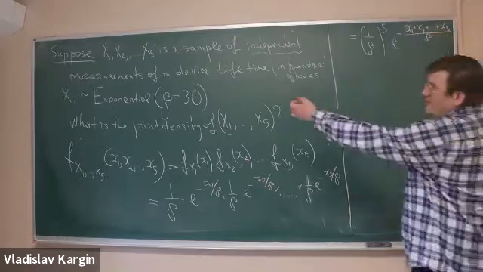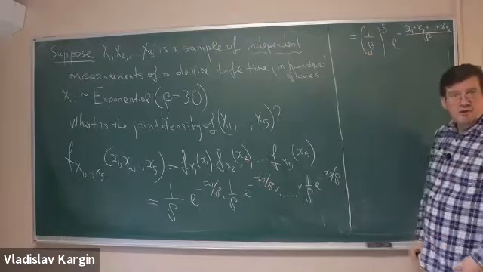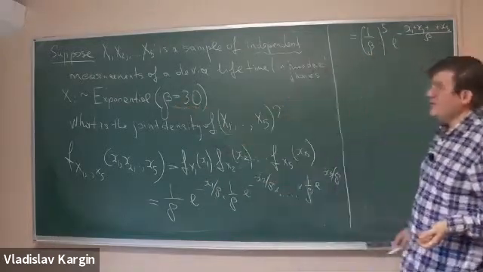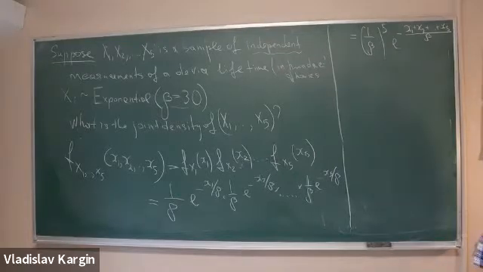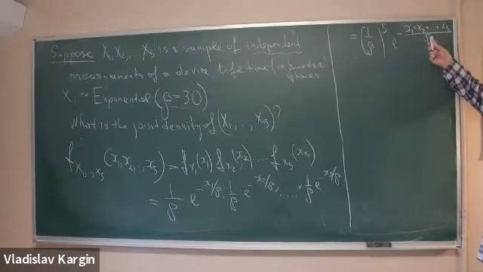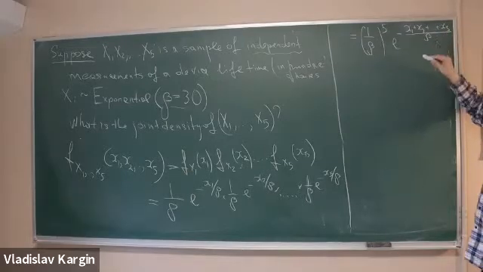In this particular case, you can also plug in beta equal to 30. So if beta is equal to 30, this would be a model. But in statistics, you wouldn't know beta. You would know x1, x2, up to x5, the realization, but you don't know beta. So what you would do in statistics is choose beta such that this has a maximum.